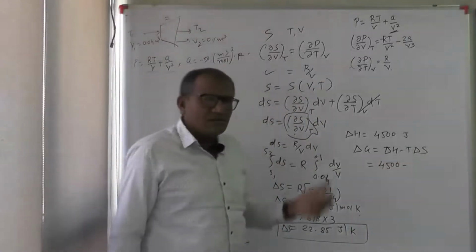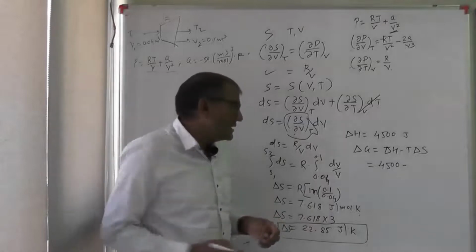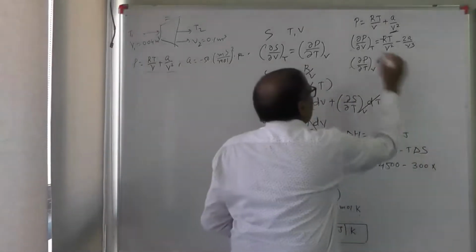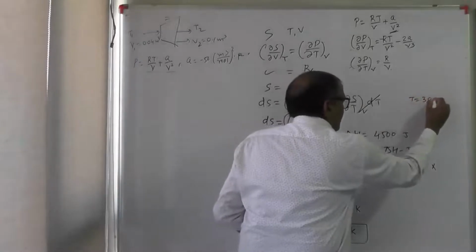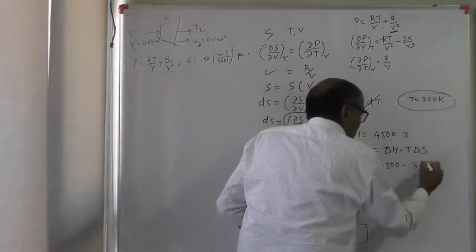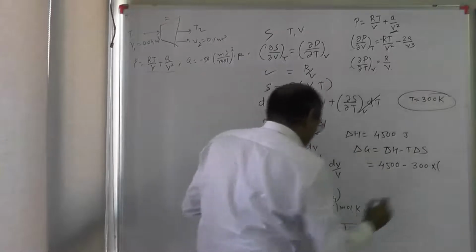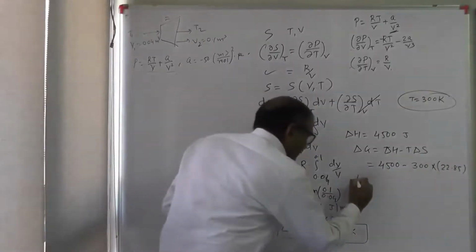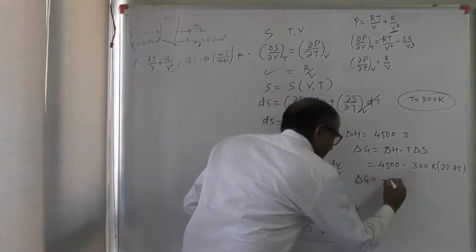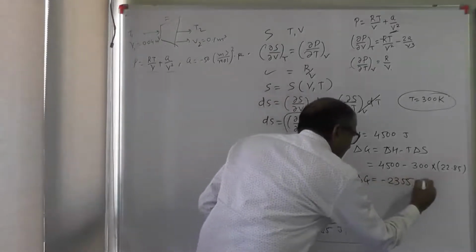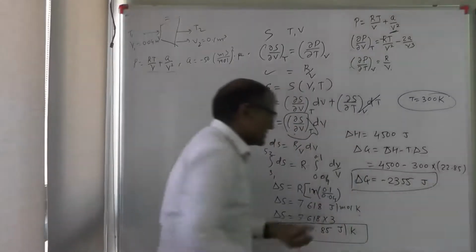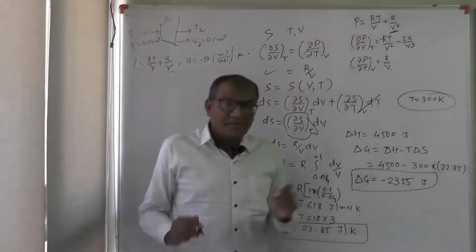Temperature, for example, I am considering 300 Kelvin. So let me write temperature 300 Kelvin, and this is delta S, that is 22.85. If I solve this equation, then delta G would be minus 2355 joule total. So this is the total change in Gibbs free energy.